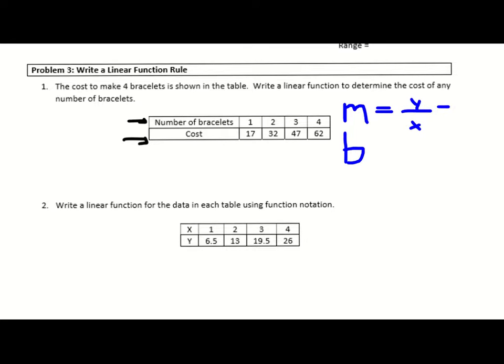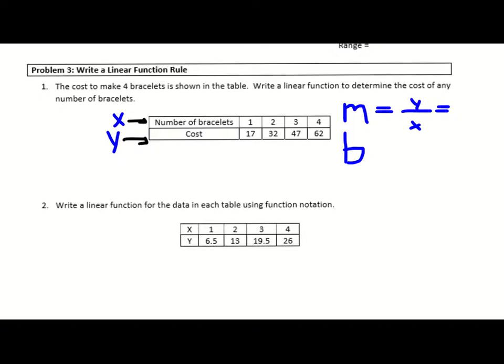We first figure out which one is representing your y value. Your y value is the value that you are measuring. We are measuring the cost of the bracelet, so that's our y value. What we're selling, the bracelets, is our x value.